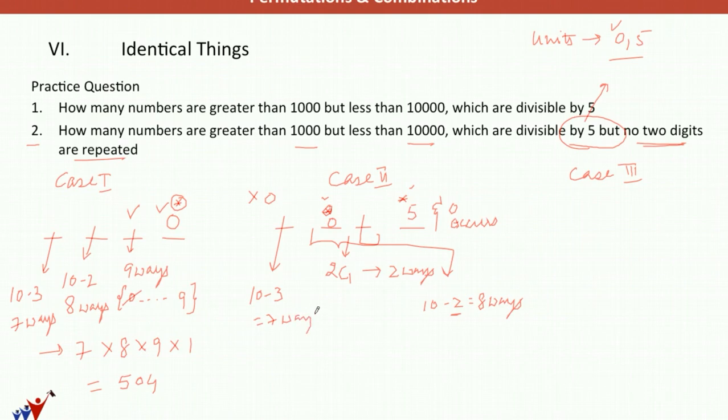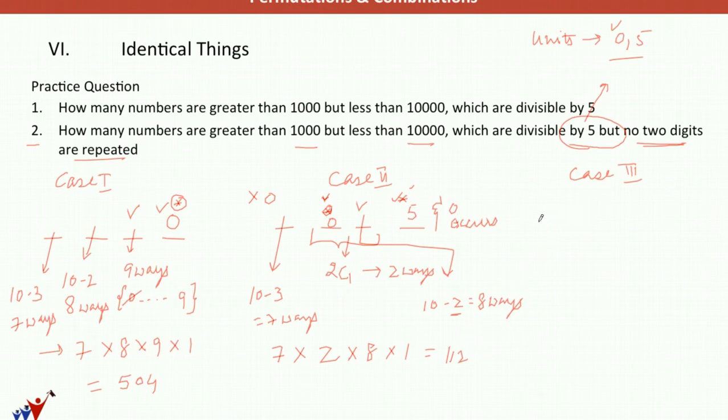Now why is this 7 here? Because 0 has occurred, 5 has occurred and one number comes here. So what are the total number of numbers? 7 into 2 for this 2C1 into 8 into 1 for this 5. So this gives me 112 numbers or 112 ways.